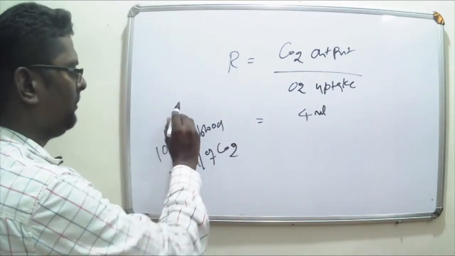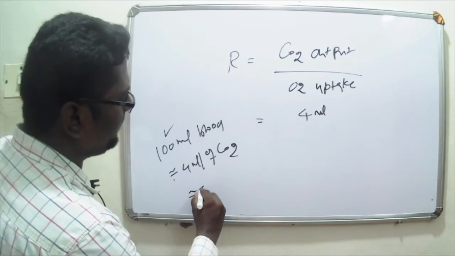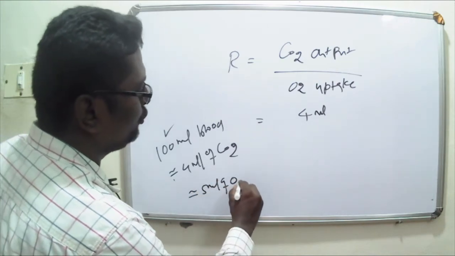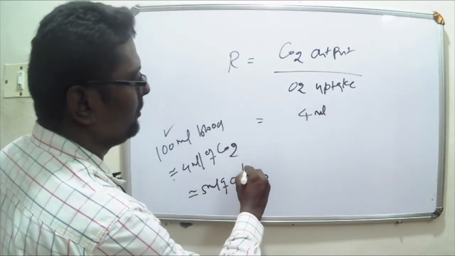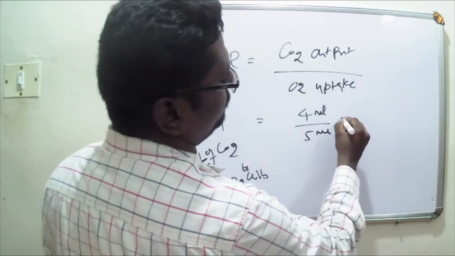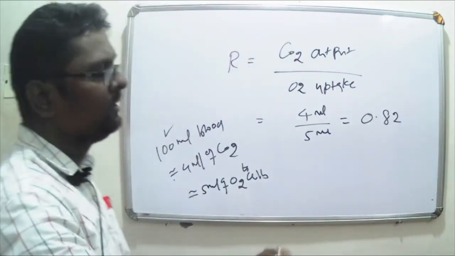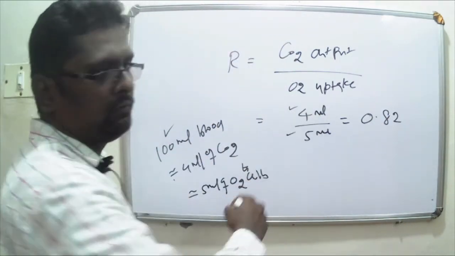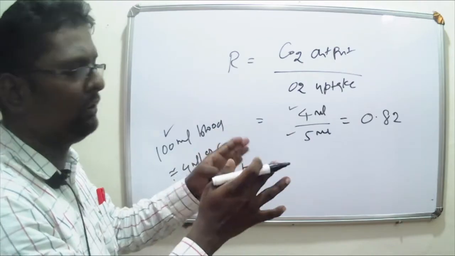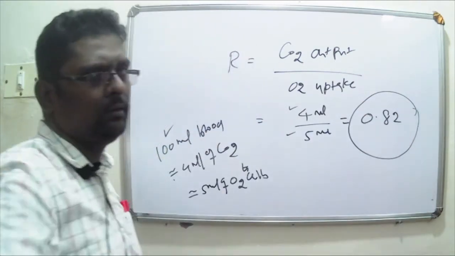Similarly, 100 ml of blood delivers approximately 5 ml of O2 to cells. So we get a value of 0.82. Remember, these are approximate values, not exact values of 4 and 5. So we get an R of 0.82.